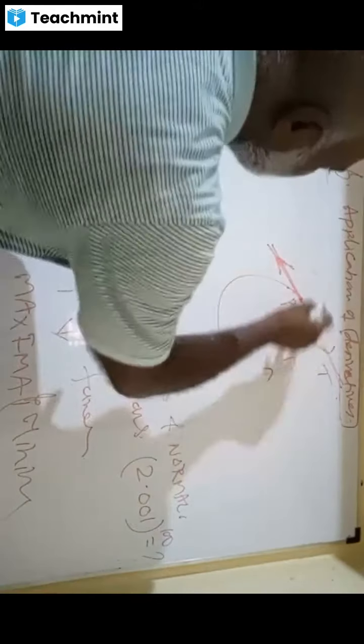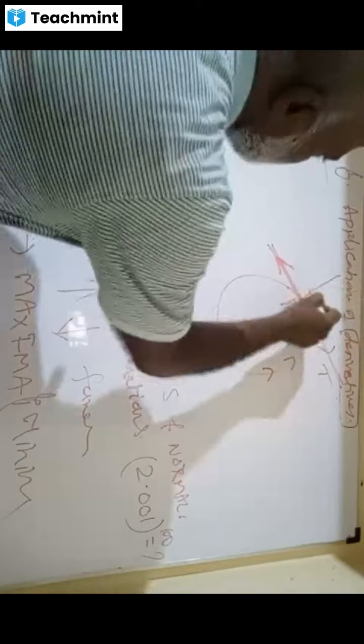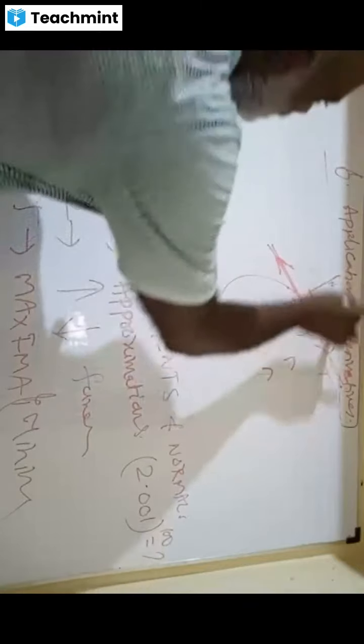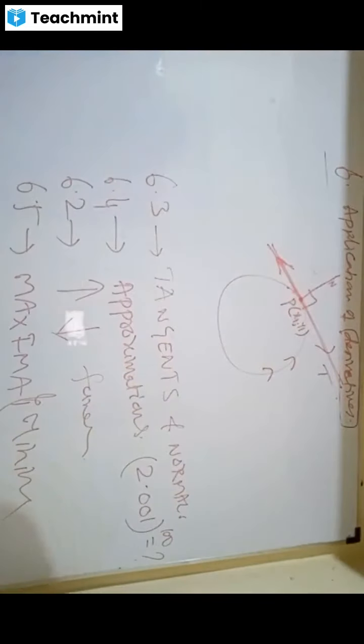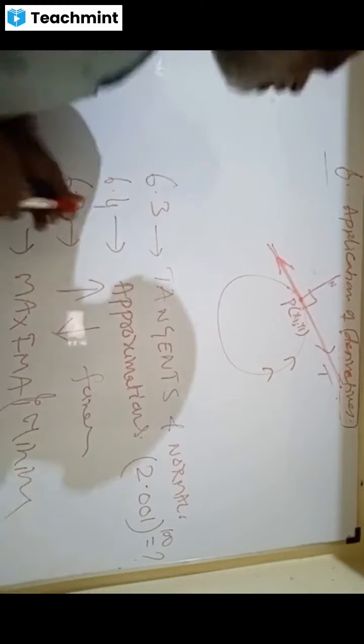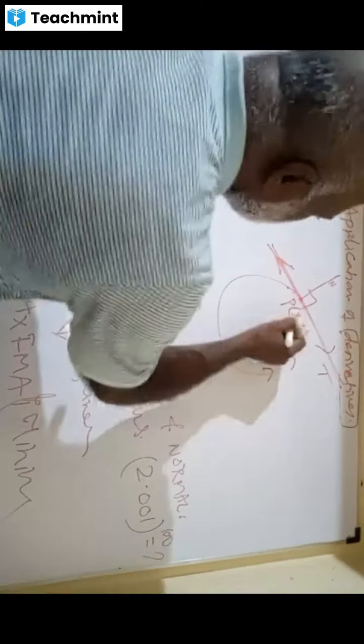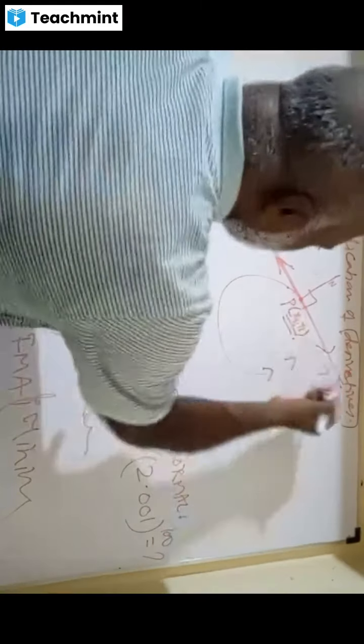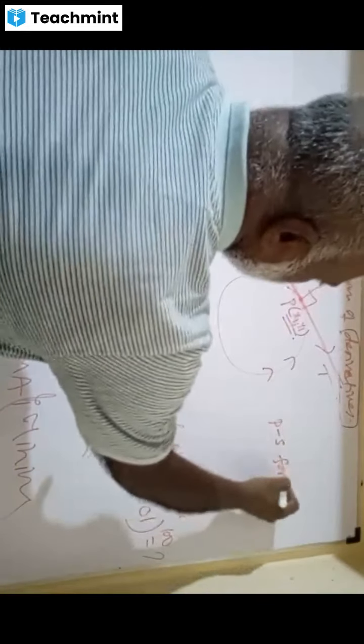So this is called the tangent, and this is called the normal. Tangent, normal. So the equation of a tangent, once you know this point, and the equation of a tangent or normal is nothing but the point-slope form.